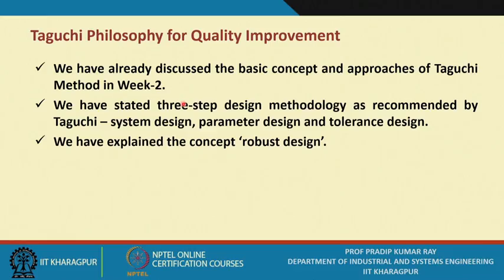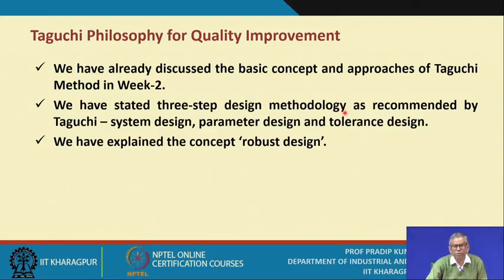directly or indirectly, you are referring to the Taguchi method. We have stated a 3-step design methodology in Taguchi method as recommended by Taguchi. What are these 3 steps? The first step is the system design. We have already defined what we mean by system design. Then you go for the parameter design, and the parameter design is referred to as the main aspect of Taguchi method.